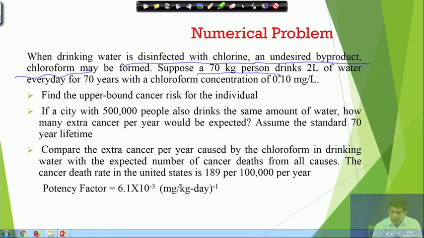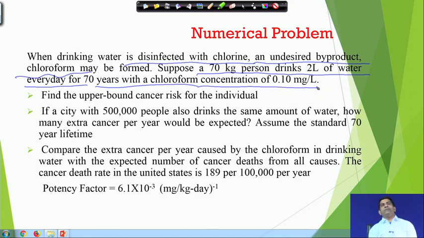Now say there is chloroform in the water, and we are consuming that chloroform. Chloroform will have certain adverse effects on our human body. So now take a scenario where a 70 kg person drinks 2 liters of water per day for 70 years, and the water has a chloroform concentration of 0.1 milligrams per liter, because he has been taking that water from a drinking water plant.